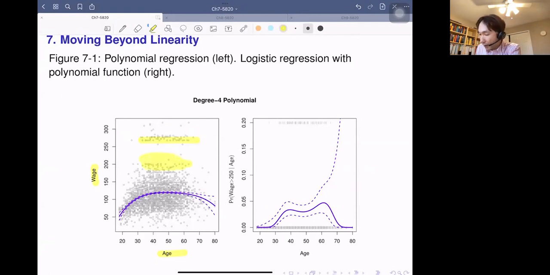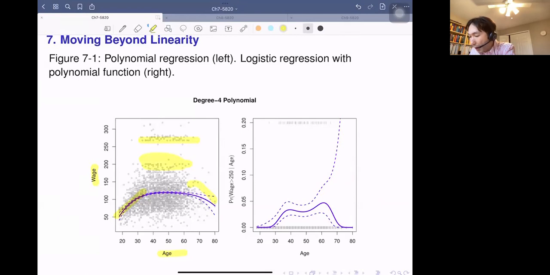From 20 to maybe 35, most people have lower wage, and the wage is increasing over time. After 60 or 65 years old, there are fewer observations, but maybe the wage goes down. This is probably US data.